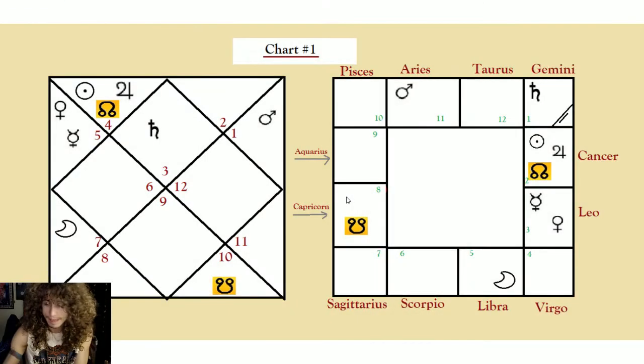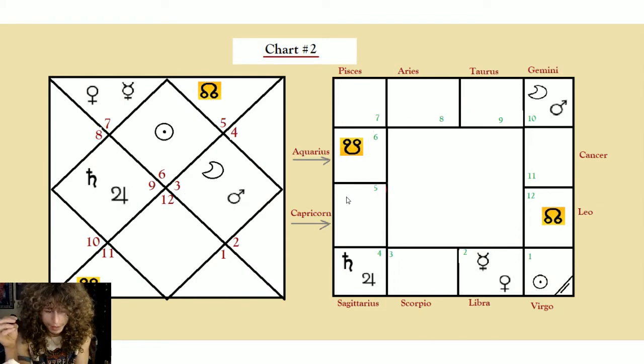In chart 2, we see that the moon and Mars, who occupy Gemini, right? This is Gemini. This is a Virgo rising chart, so we can see that Gemini would be in the 10th house. Moon and Mars, who occupy the sign of Gemini, influence Sagittarius by their full 7th aspects.